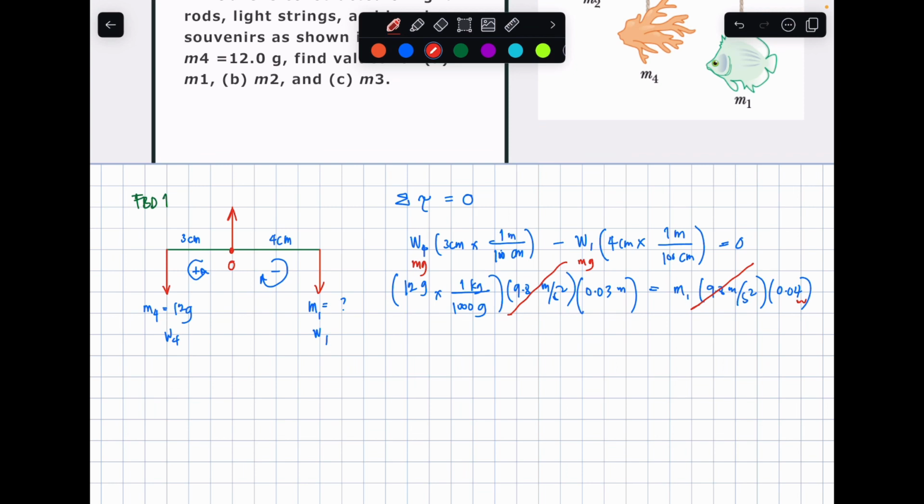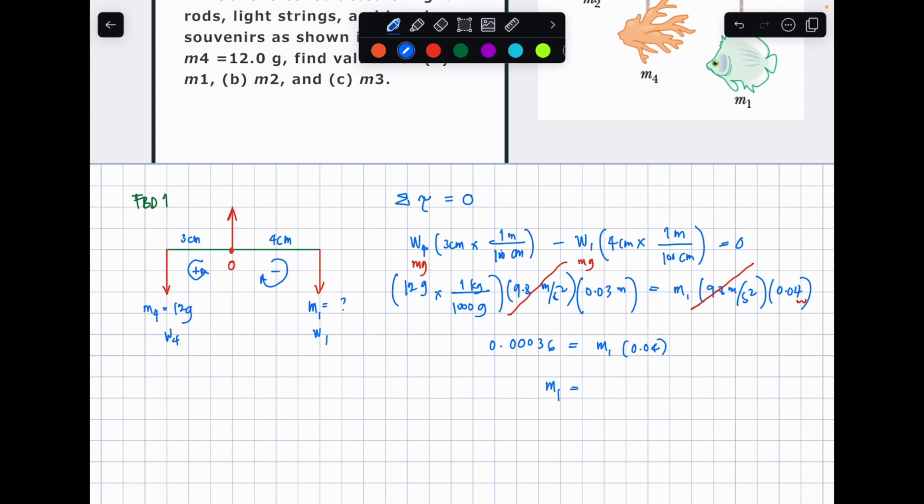So 12 times 0.03, divided by 1,000, would be 0.00036, and is equal to M1 times 0.04.